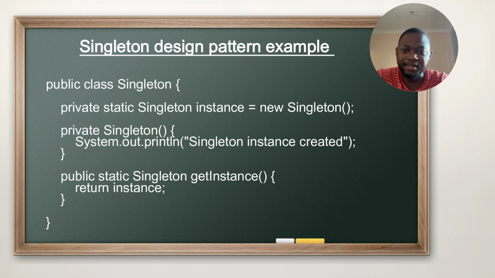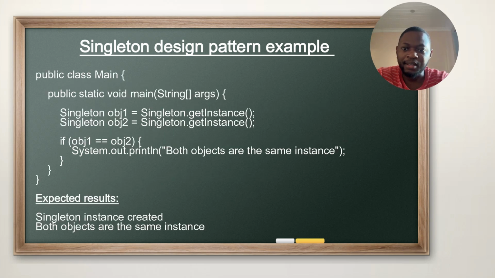Let's go to our next example. Here we have our main class and our main method, a static method. As you see, we have singleton object 1 equal to singleton.getInstance, and we also have object 2 making the getInstance call again.